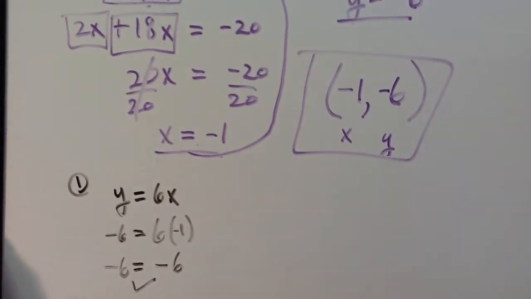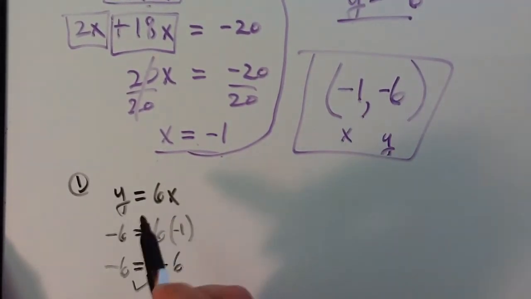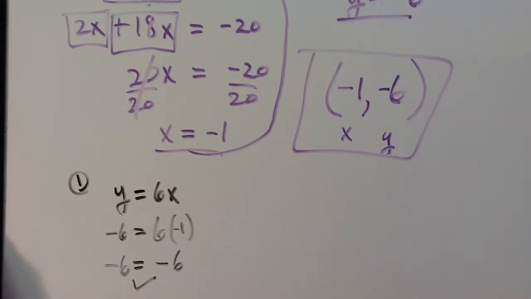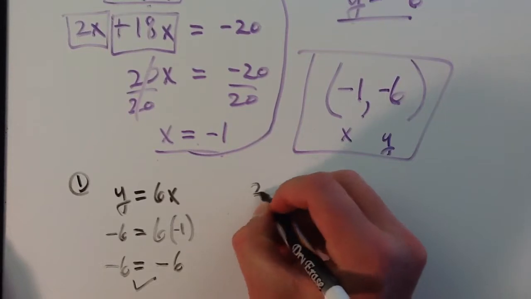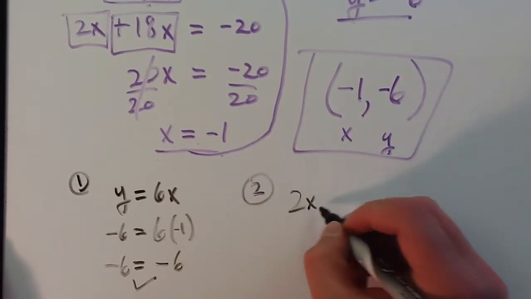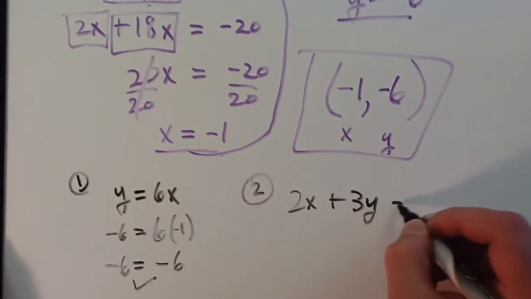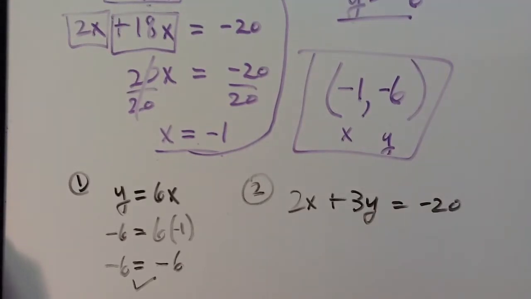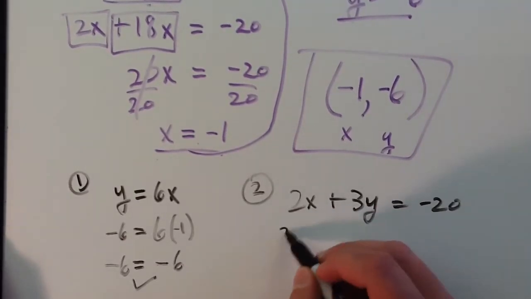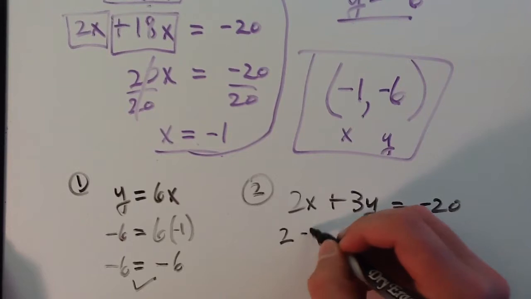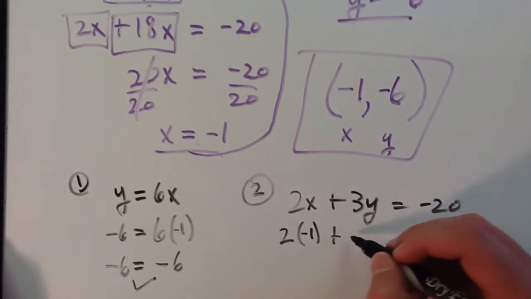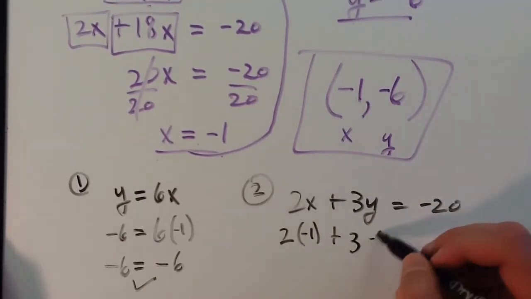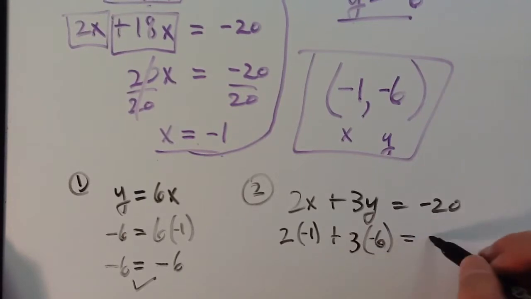Yes, it is. So this point satisfies this equation, but to be the solution, it must satisfy both equations. Remember that second equation was 2x plus 3y equal to -20. So 2 times x, and x is -1, so 2 times -1, plus 3 times y, and y is -6, equals -20.